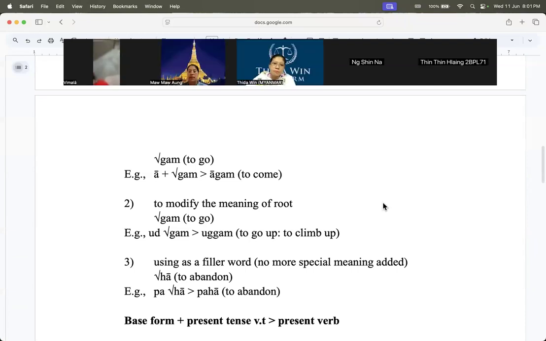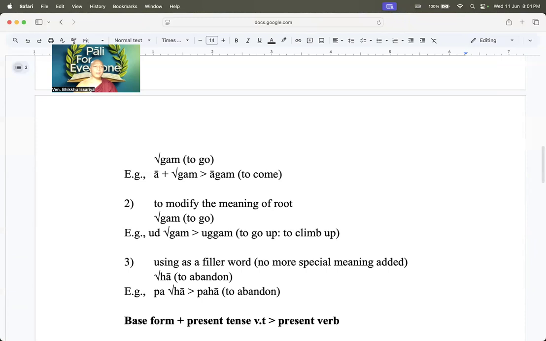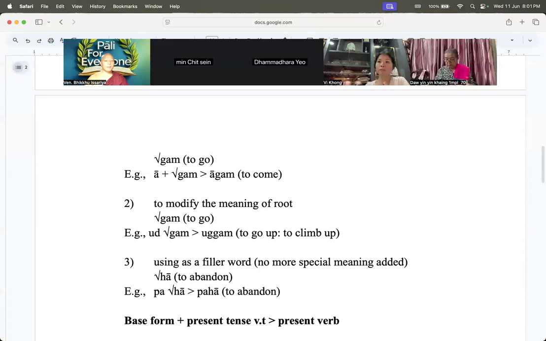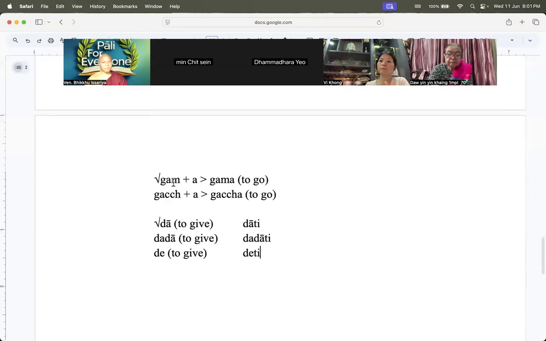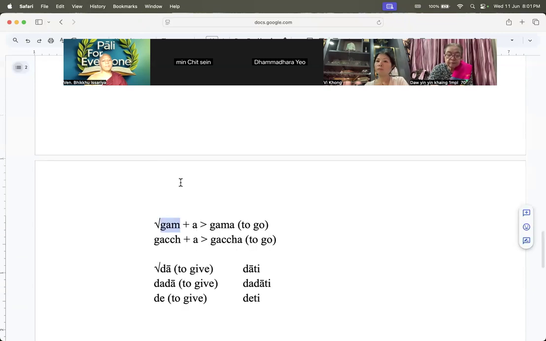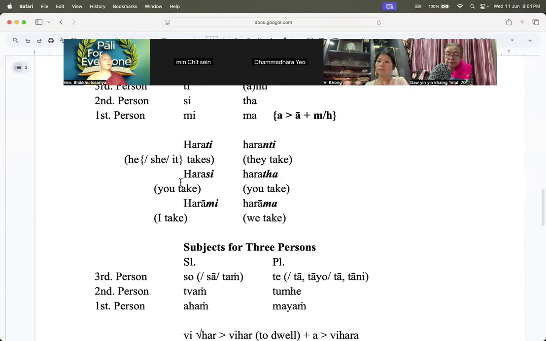For the gam, is there udgama? For ud and gam, there is udgam. And ud and gamma, is it udgama? Ogama, right? Ogamati also we can find, right? Okay, thank you.